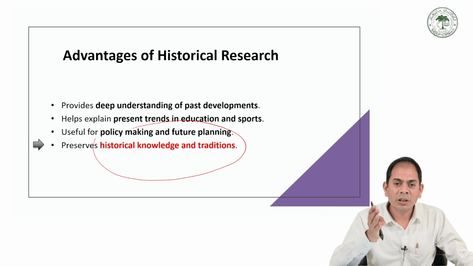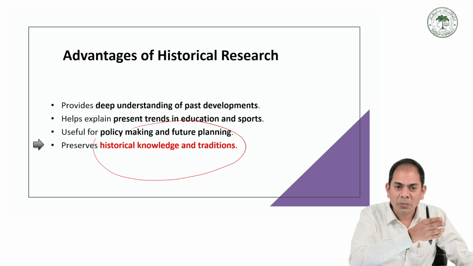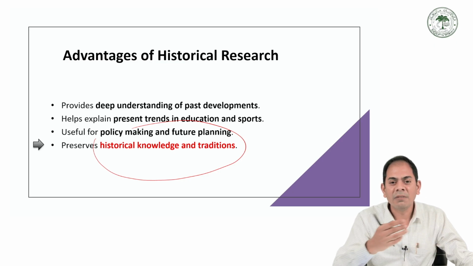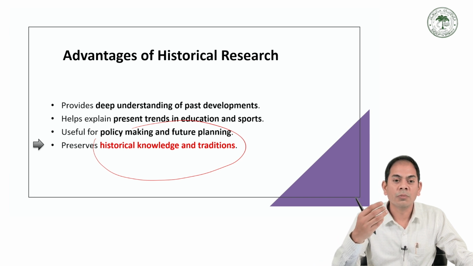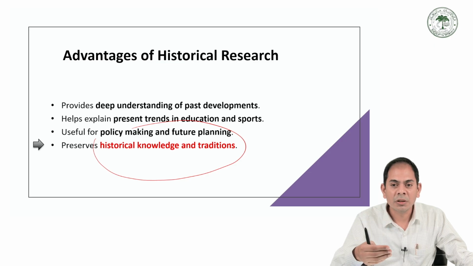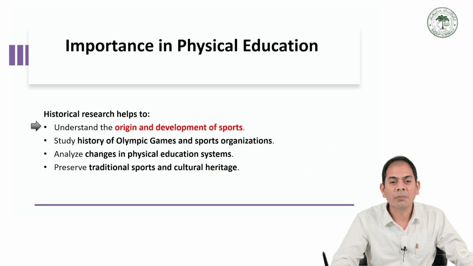Historical research plays a very important role in preserving our culture, sports and practices. For example, research on Aligarh Muslim University helps preserve its educational heritage, sports achievements and traditional student culture, and contributes to physical education and academics.